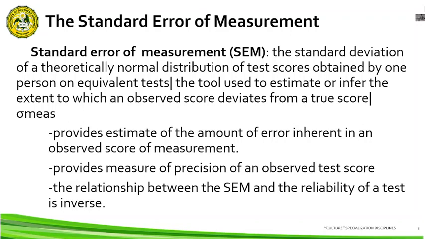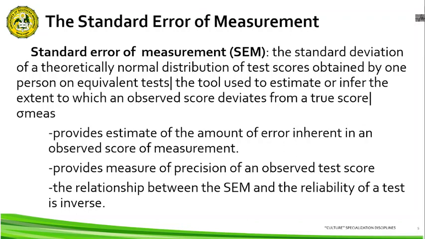The standard error of measurement. The standard error of measurement, or SEM, is a measure of how much measured test scores are spread around a true score. The SEM is especially meaningful to a test taker because it applies to a single score and it uses the same units as the test.